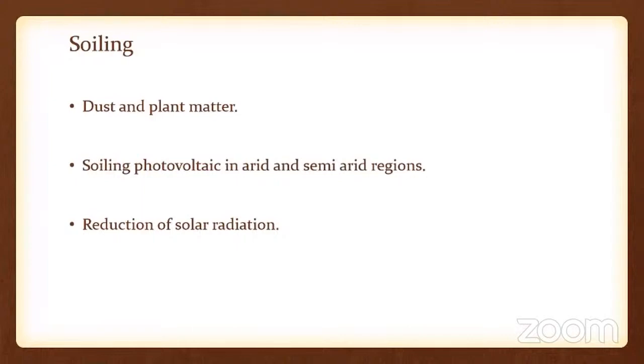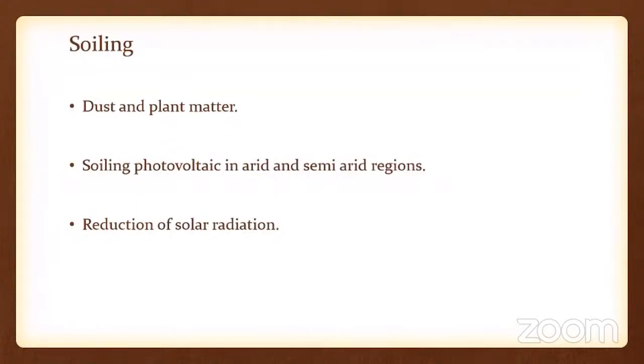As I mentioned above, photovoltaic generation has inherent problems, one of which is soiling. Soiling in the case of solar panels is exactly as bad as it sounds. This is the process whereby sediment, including sand or dust, pollen and plant matter, covers the surfaces of solar panels, reducing the solar radiation that reaches the solar panel and in turn reduces the efficiency of said solar panel.